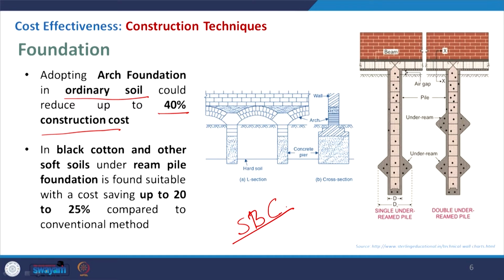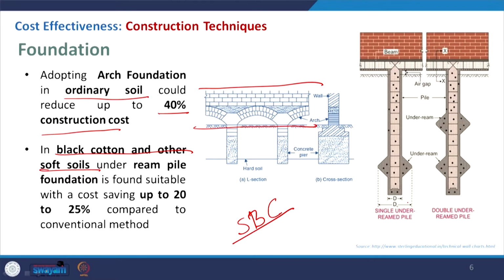We are not going to discuss that in detail in this presentation, but for ordinary soil where the bearing capacity is good enough, an arch foundation can really help. But where the soil is of black cotton type, which is a serious issue, we probably will not get enough strength at the lower depth.